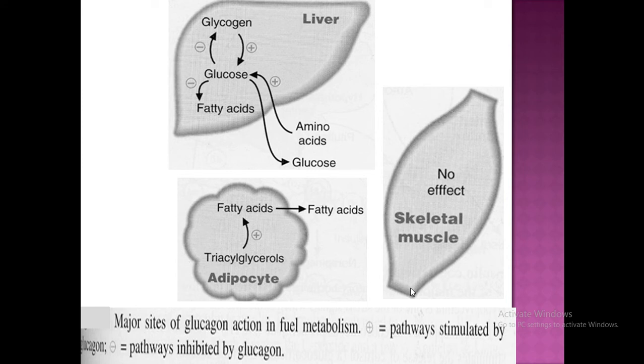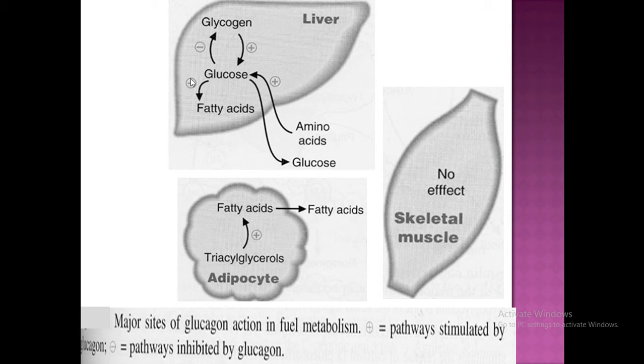From this diagram, I want to show its effect on the liver, adipose tissue, and also the skeletal muscle, where it has no effect, as I have already told you in the previous slide. Moreover, here you can see two signs, plus and negative. Plus is the stimulant and negative is the inhibition. So you can see in the liver more and more glycogen is going to be converted into glucose, which comes out.